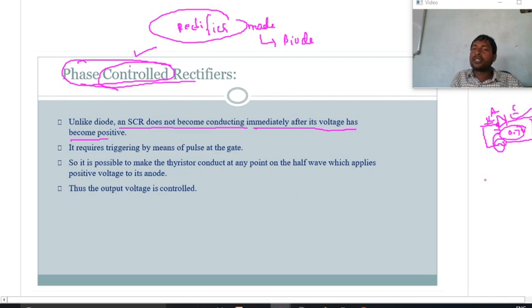But if you take a thyristor or SCR and give an AC supply to it, it will not conduct until you give the gate pulse. It requires triggering by means of a pulse at the gate. This is the gate. After giving the gate pulse only, it will turn on.